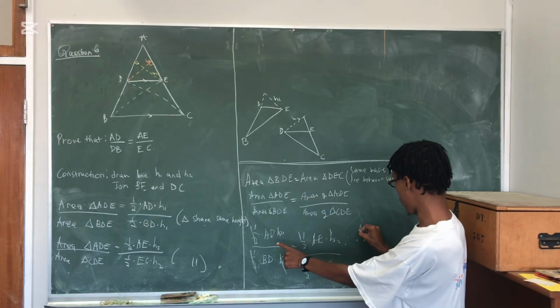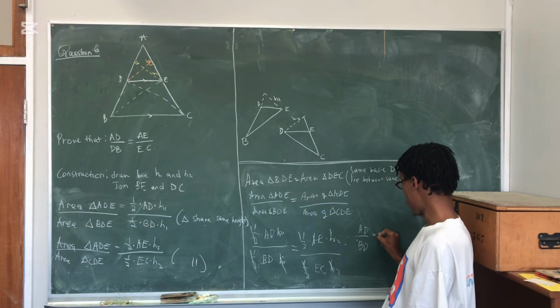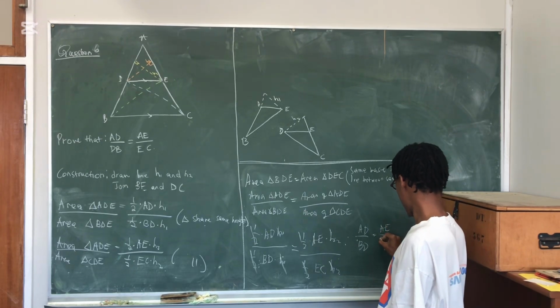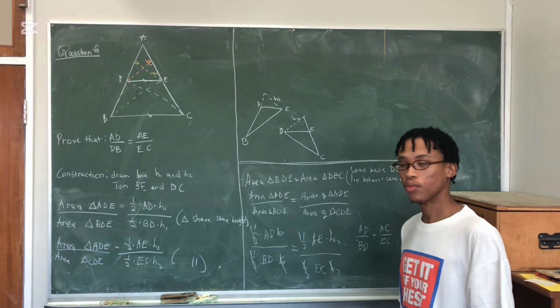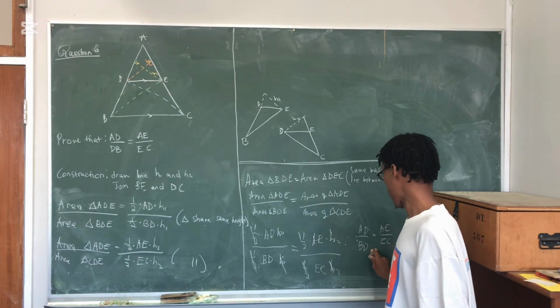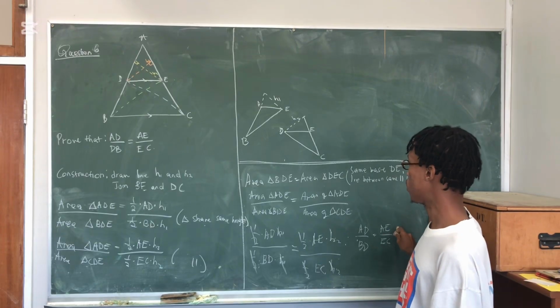Therefore, we're left with AD over BD being equal to AE over EC. That's what we're trying to prove. This is what we wanted to prove: AD over BD is equal to AE over EC.